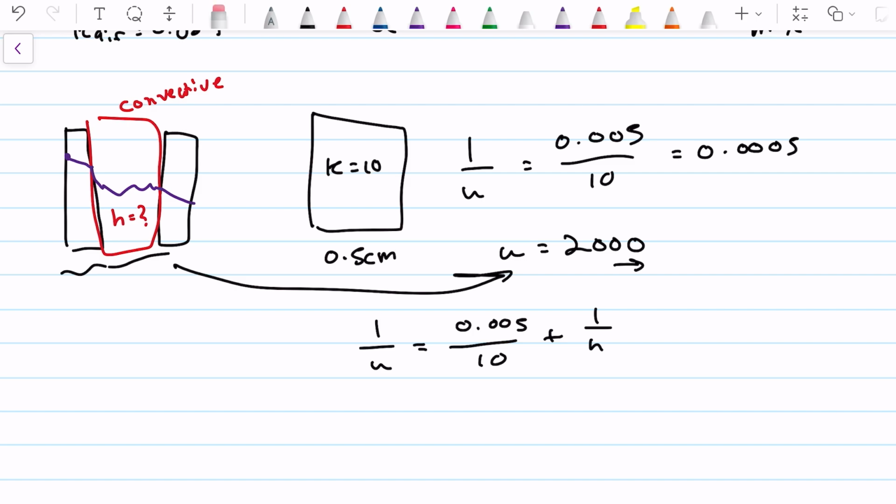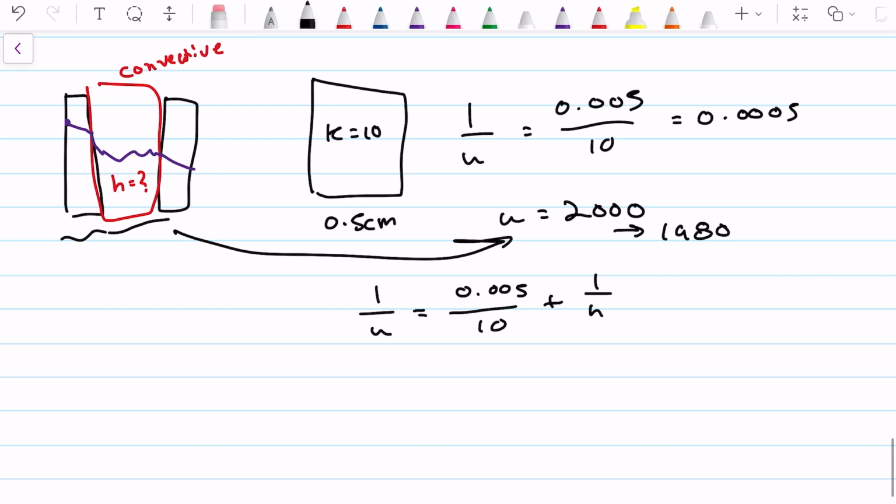So 1,980. Sorry, it's late. So 1 over 1,980 equals 0.005 over 10 plus 1 over h. We're going to solve for h.